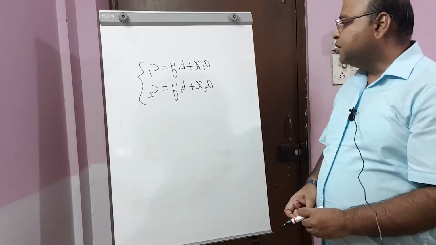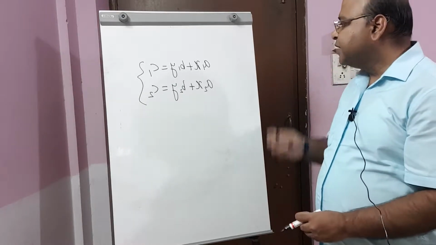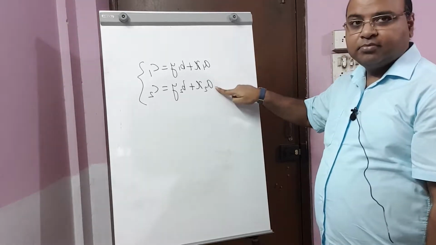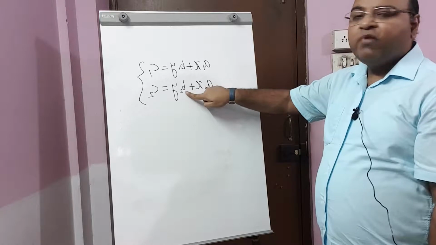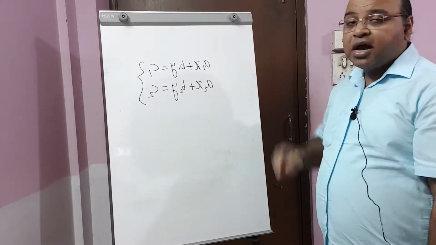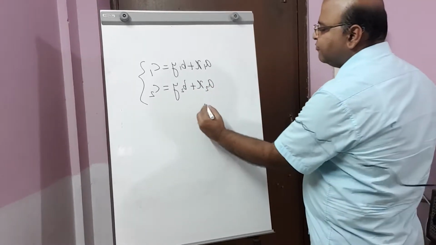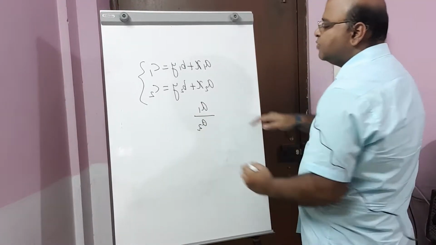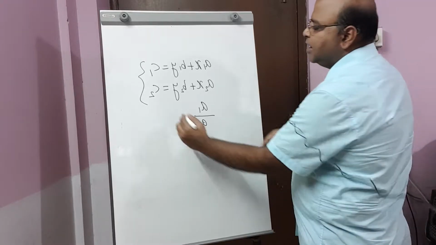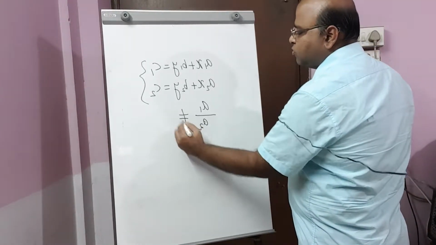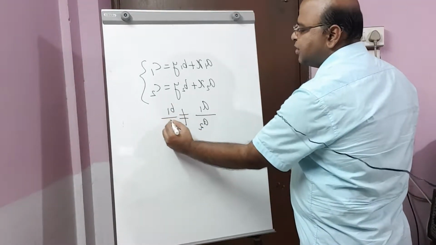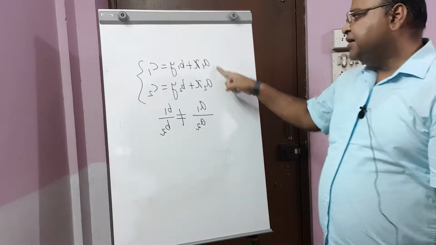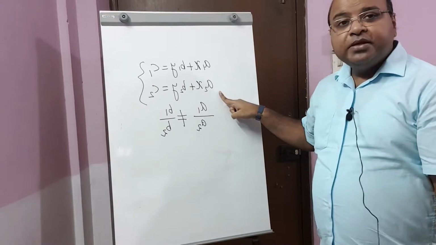Now the consistency rule suggests that if the ratios of the coefficients of x and that of the coefficients of y in this system are unequal, that is, if a1 upon a2, the ratio of the coefficients of x, is not equal to b1 upon b2, the ratio of the coefficients of y, then such a system shall always be consistent.